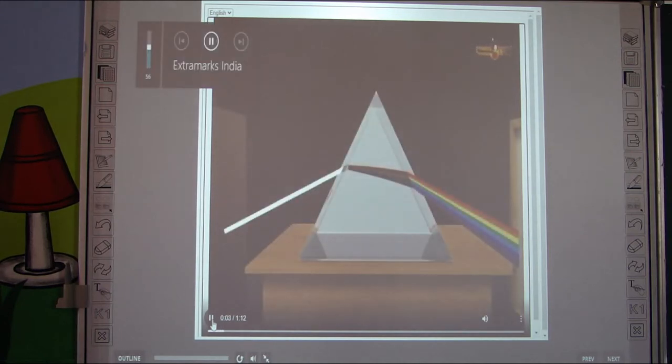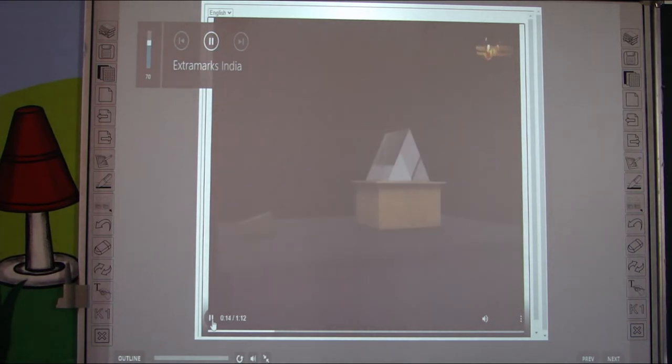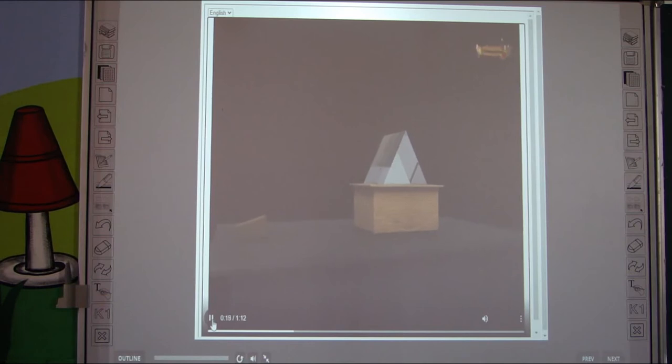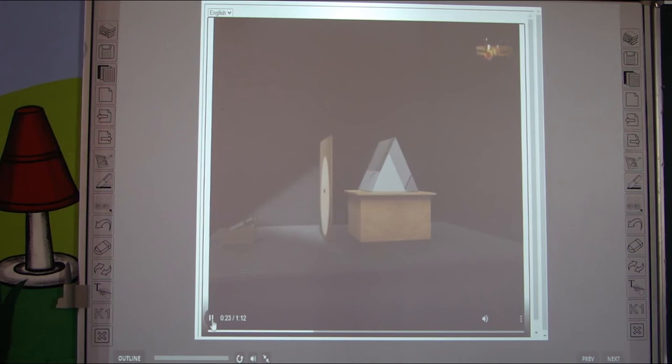Let us now study about dispersion, which is a phenomenon of splitting of white light into its component colors on passing through a prism. Place a prism on a horizontal surface and a source of white light on its left. Place a cardboard with a small hole between the source of white light and the prism. This arrangement produces a narrow beam of white light.